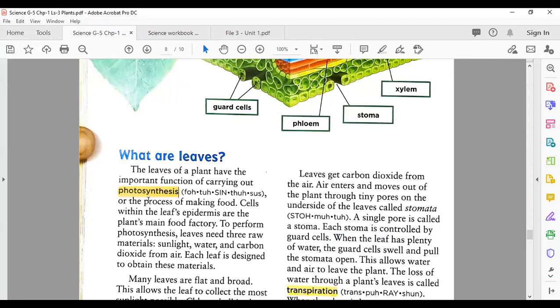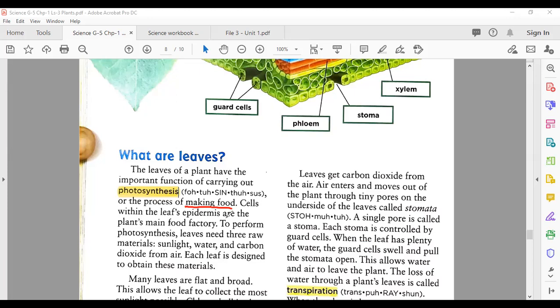What is happening during this? Plants are unable to take food from outside. You know very well plants don't have a mouth or teeth to eat food.